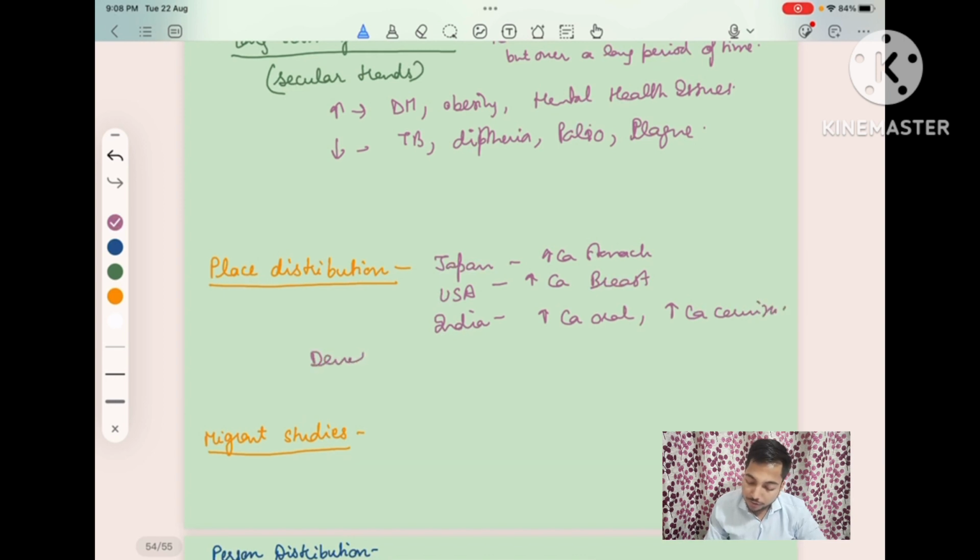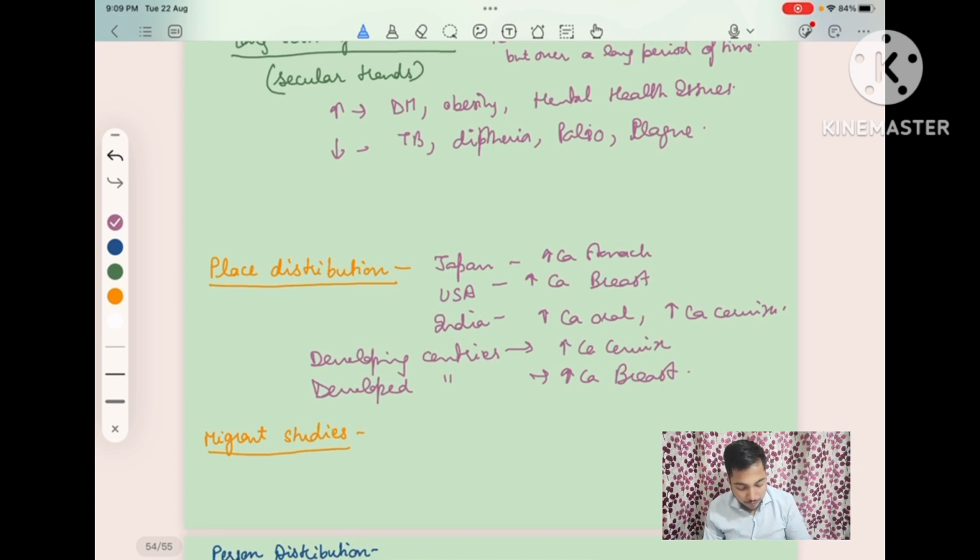In developing countries you have increased chances of CA cervix, whereas in developed countries you have increased chances of CA breast. So this is place-wise distribution.